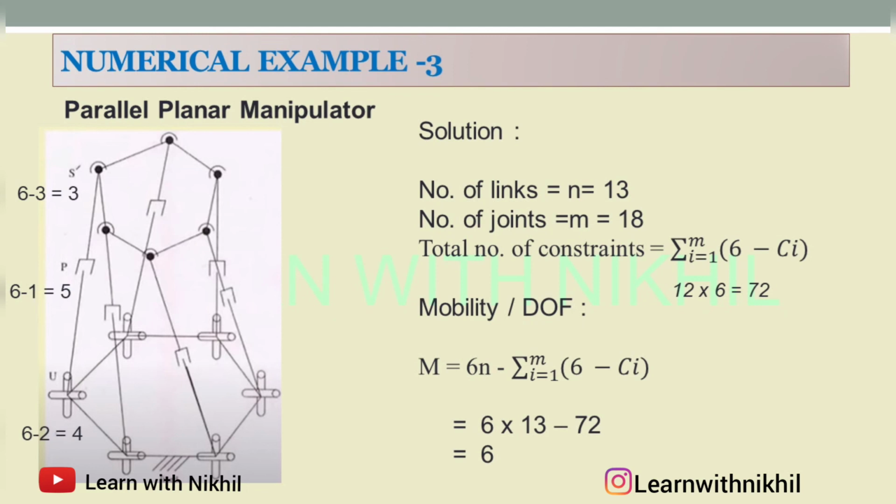So 6 degrees of freedom for a parallel manipulator is a perfect manipulator, and this table is popularly known as Stewart's table, which is used in aircraft. So with 6 degrees of freedom, it might have 3 rotary, 3 position joints, it can be anything. So this is popularly known as the Stewart platform.